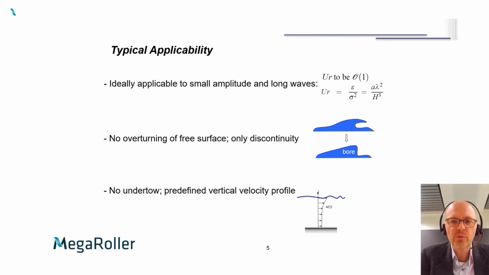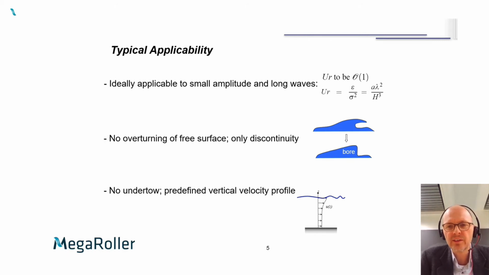Typical range of applicability: you have to assume that the waves are somewhat long compared to the depth. That is generally true in the surf zone. You have a depth of maybe 5 to 10 or 15 meters, and the wavelength is generally on the order of possibly 20 meters. So the long wavelength assumption is often satisfied.